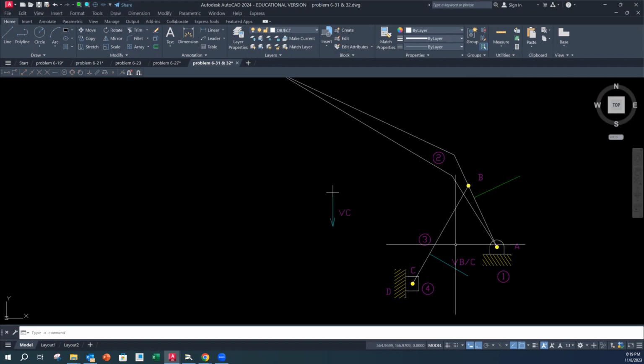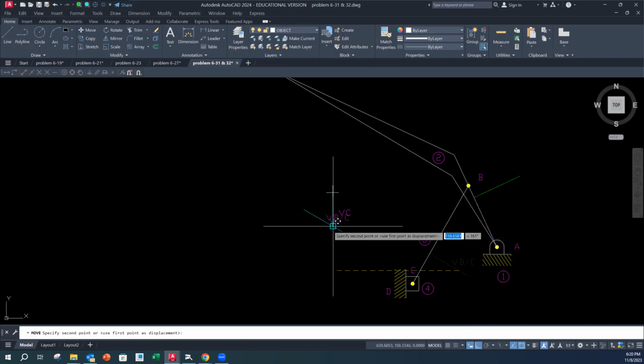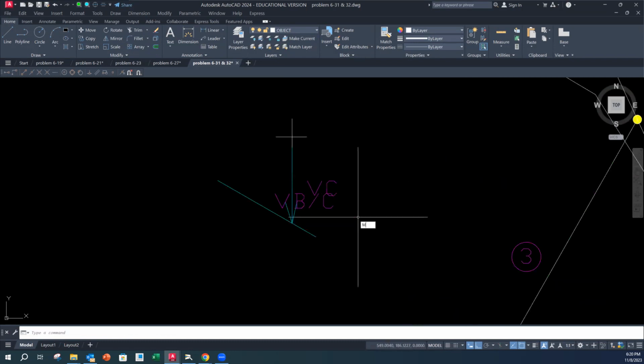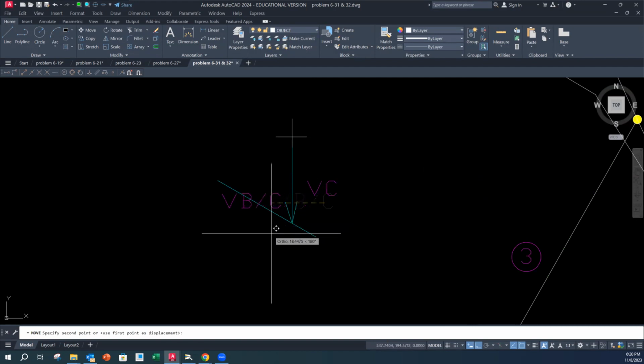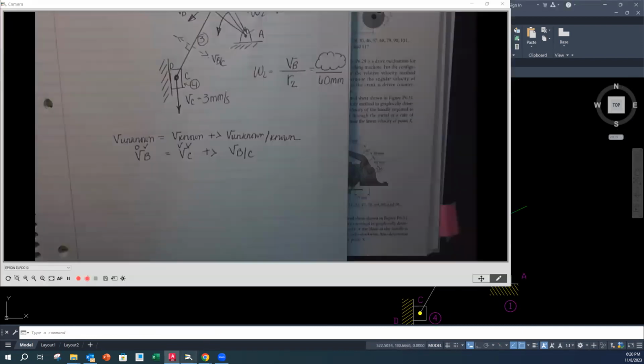On the endpoint of VC, I'm going to move and I'm going to put this right there. Okay, and then now I've got the right-hand side of my equation done.